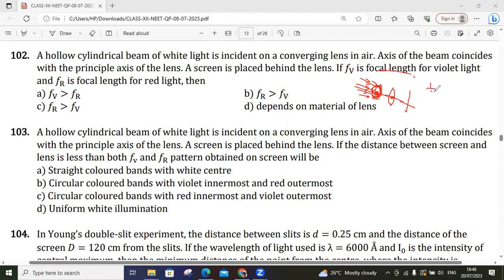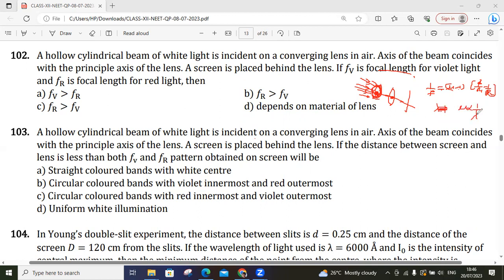And if we see for a lens, 1 by F is equal to (mu minus 1) into (1 by R1 minus 1 by R2). And R1, R2 will remain the same even if you change the light. So here we know mu is inversely proportional to lambda.